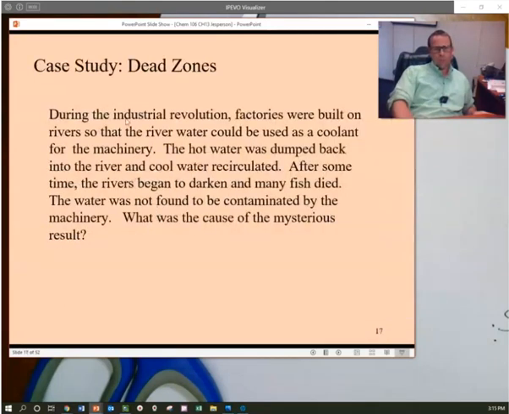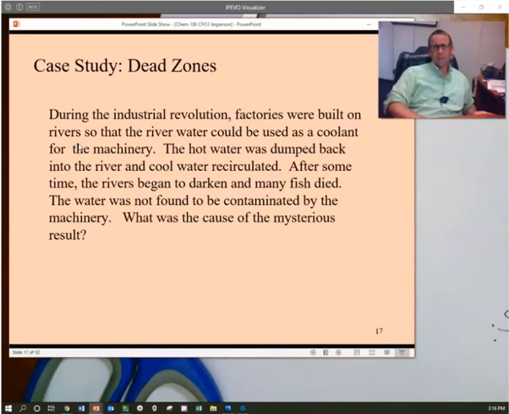During the Industrial Revolution, factories were built on rivers, and the factories would use the rivers as a source of water to cool the machinery. And they still do this. And the hot water was dumped back into the rivers. And fishes began to die, and people would say, well, wait a second.